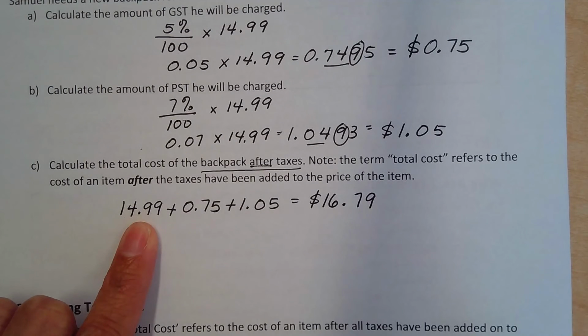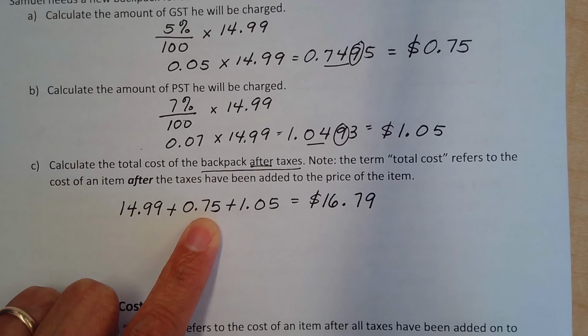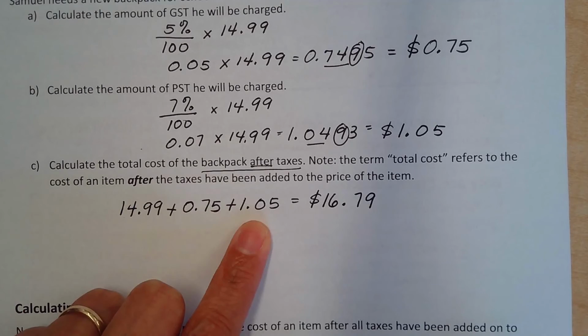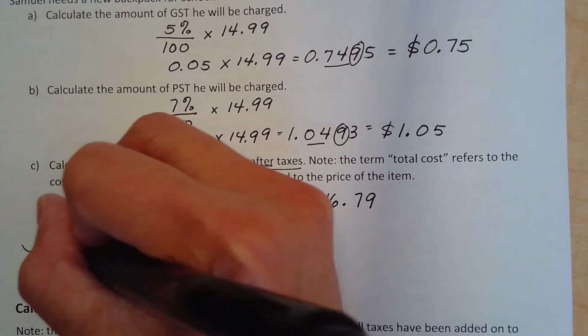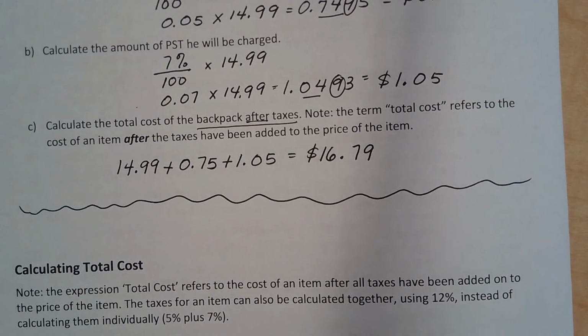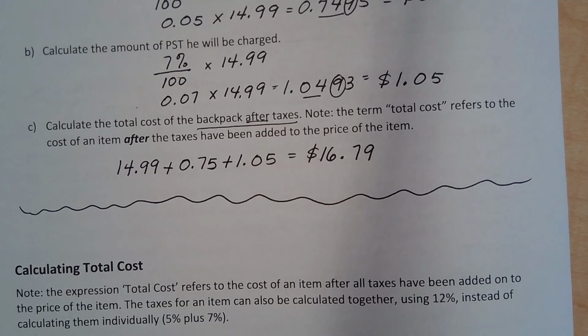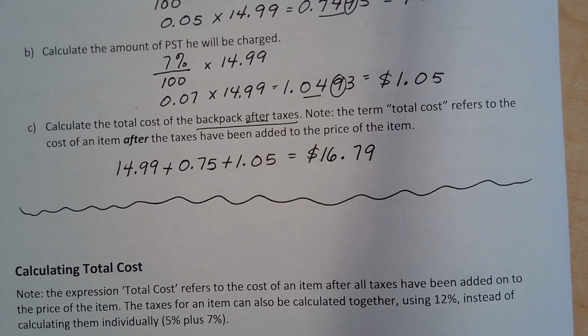That's the price of the backpack, the GST, and the PST all together. Can I show you a different way? That's one strategy: calculating the PST and the GST and adding them all together. What's the other strategy?